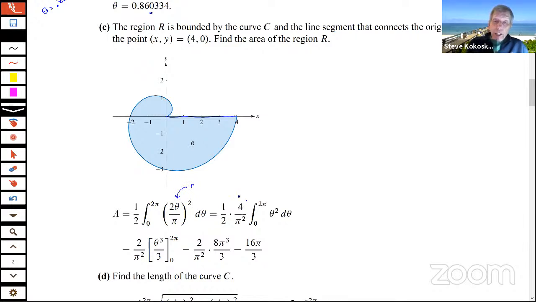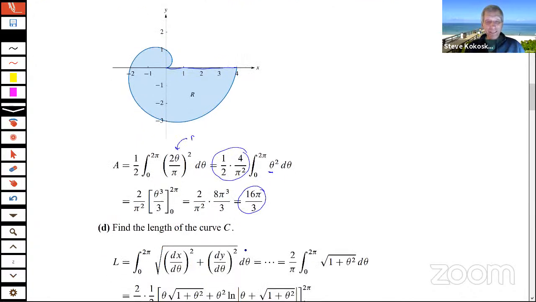I've got a lot of constants out in front here, and this integrand just becomes θ squared. Boy, that's a pretty easy one. θ cubed over 3. And when I plugged in the upper bound and then 0, and simplified, I get 16π over 3.